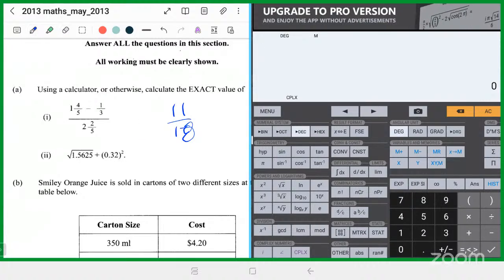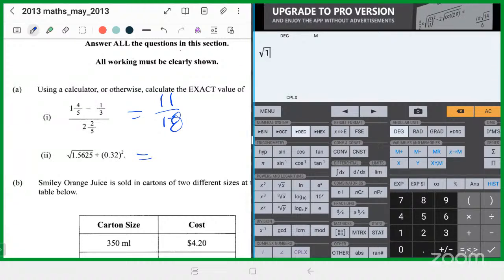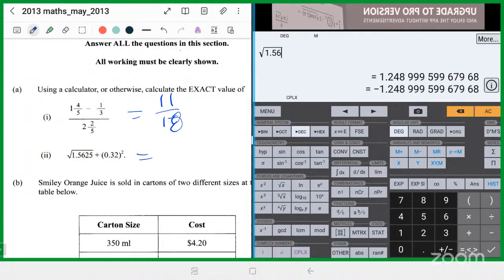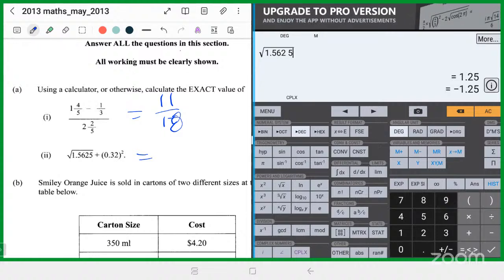So it's the square root of 1.5625 under the square root sign, and then we're adding 0.32 squared.